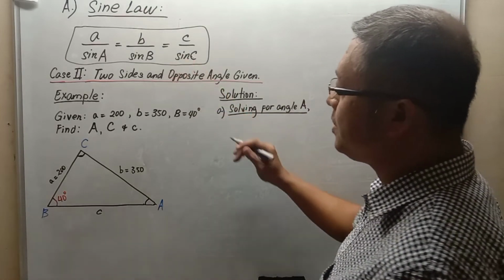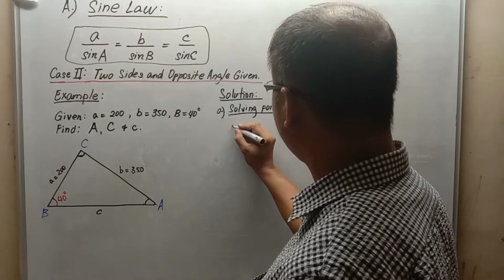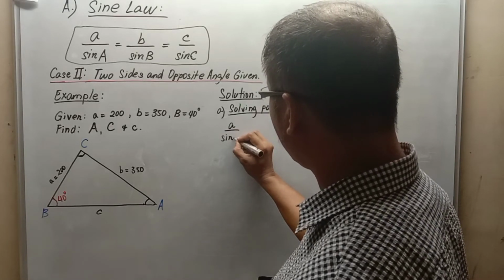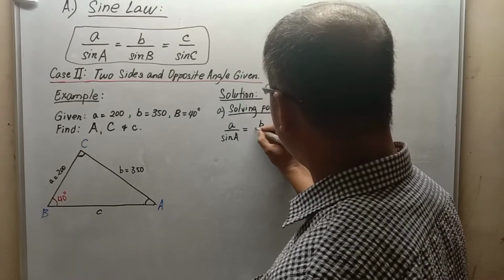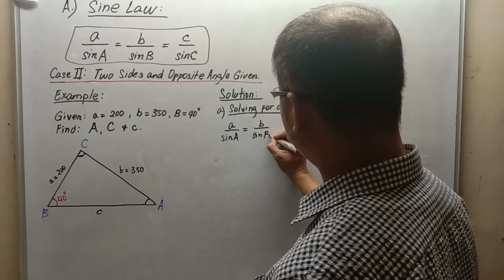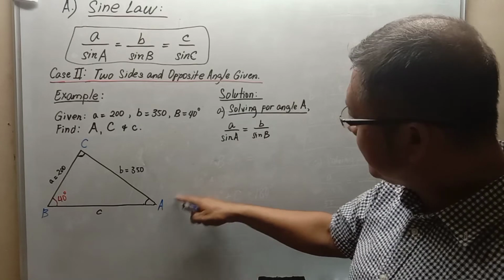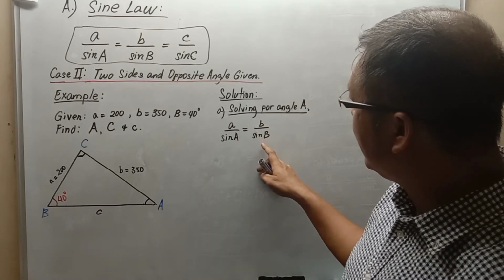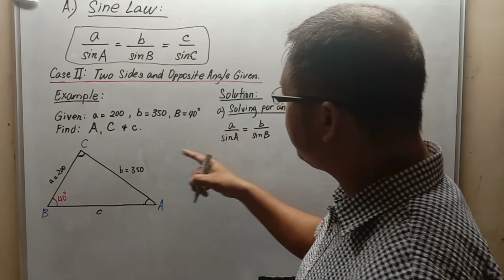Applying the sine law equation, A over sine A is equal to B over sine B. We need to solve this angle because two sides are given and one opposite angle is given, which is B.